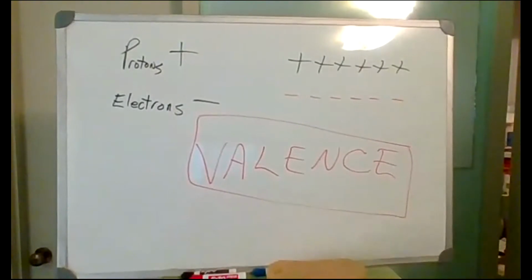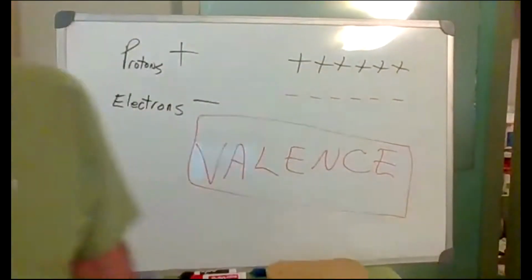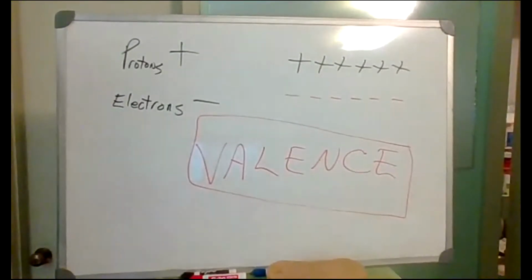The number of valence electrons in a neutral representative atom is equal to the Roman numeral group number.